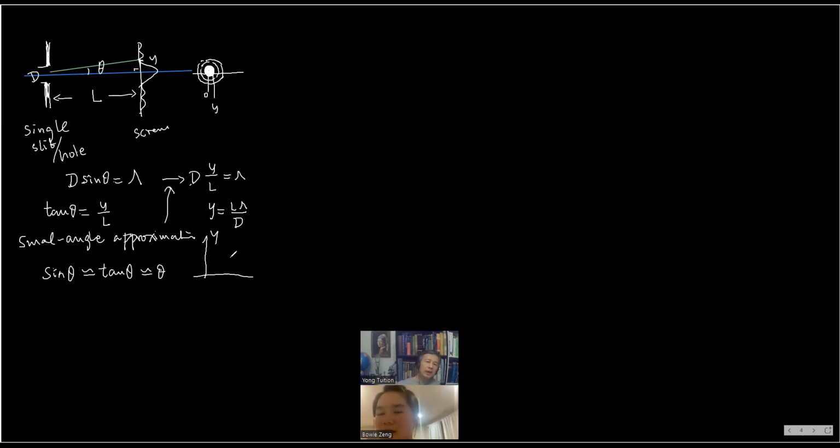If the hole is too large, there's no interference. This phenomenon occurs when D is approaching lambda or even smaller than lambda, you see? So this is the condition for interference to occur.